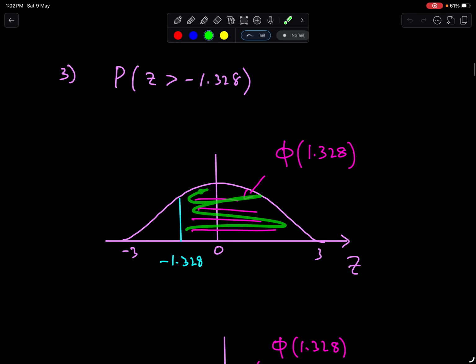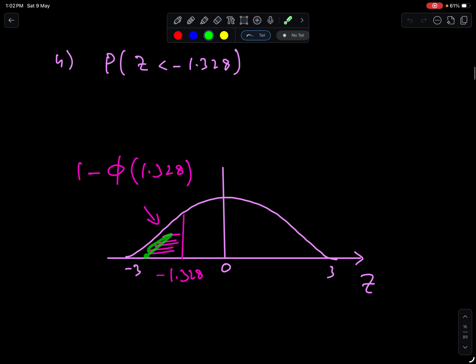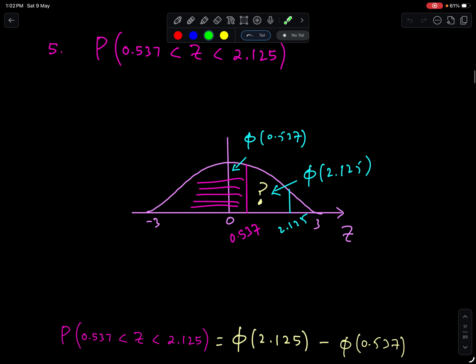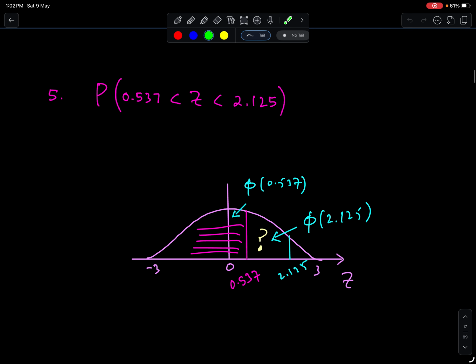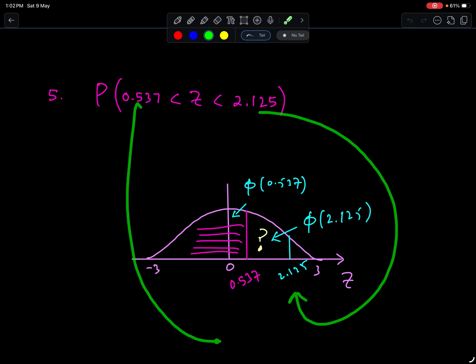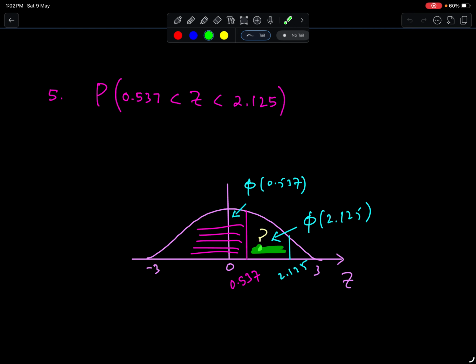If we have a large area, just write phi. Small area, 1 minus phi. This is 1 minus phi, this number. Between means this number is here, this number is here, and we need this total area between.